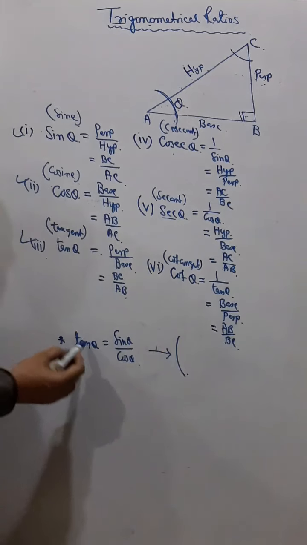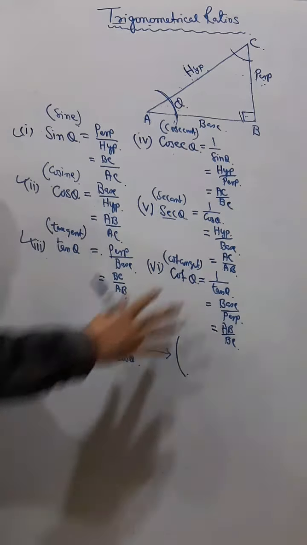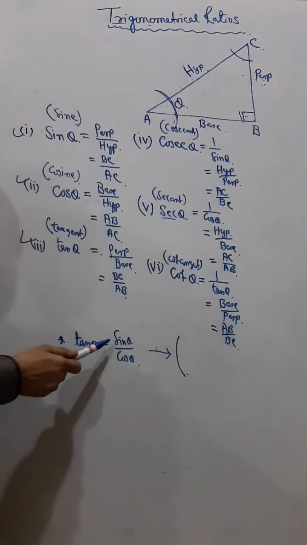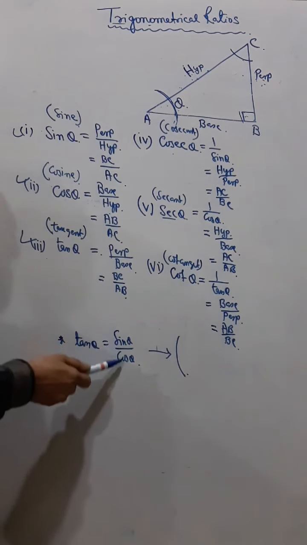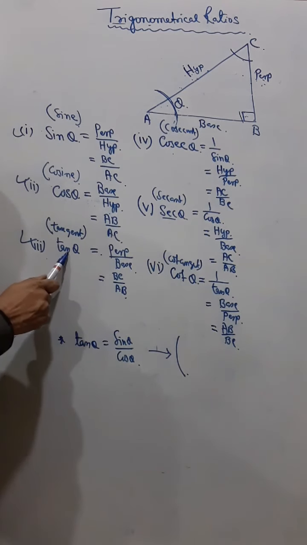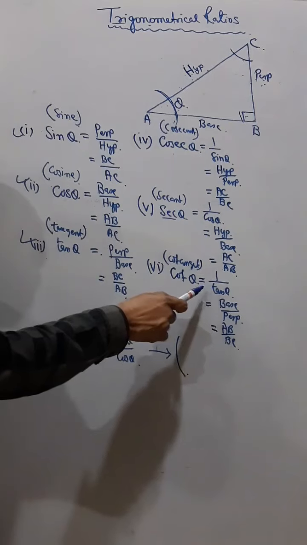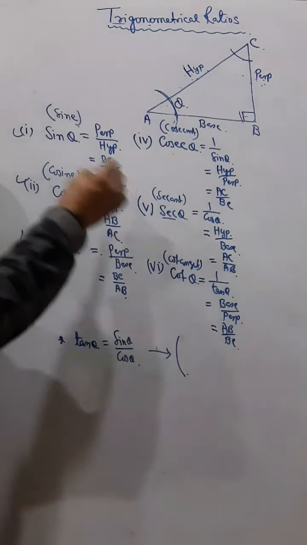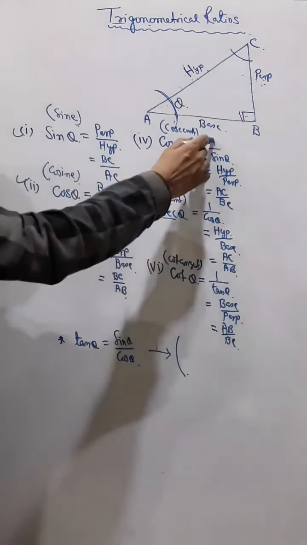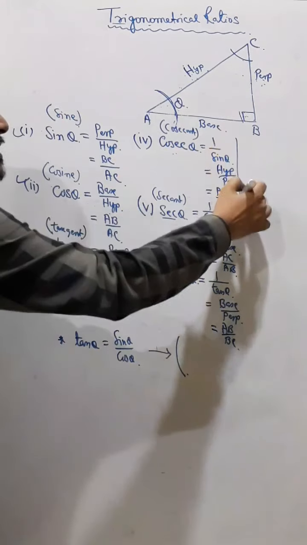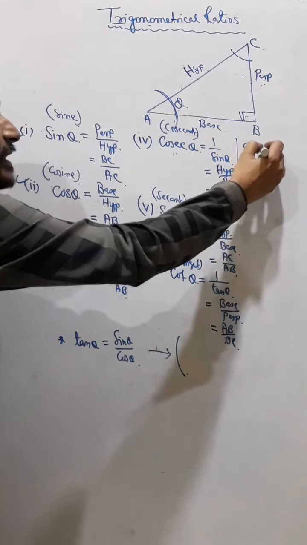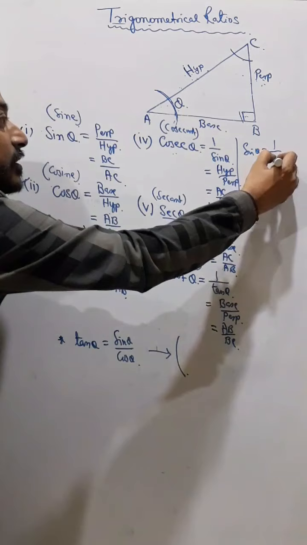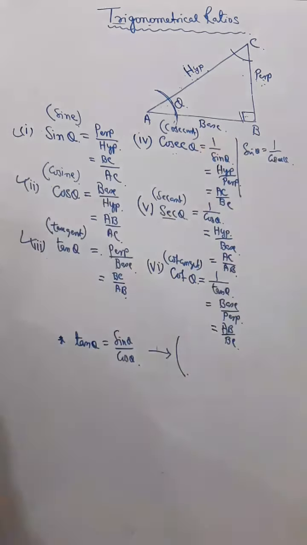While doing the sums, you will need all these relations. So tan theta is also related as sin theta by cos theta, and tan theta is related as 1 by cot theta. Like cosec theta is 1 by sin theta. That means sin theta becomes 1 by cosec theta. That means they are reciprocal to each other.